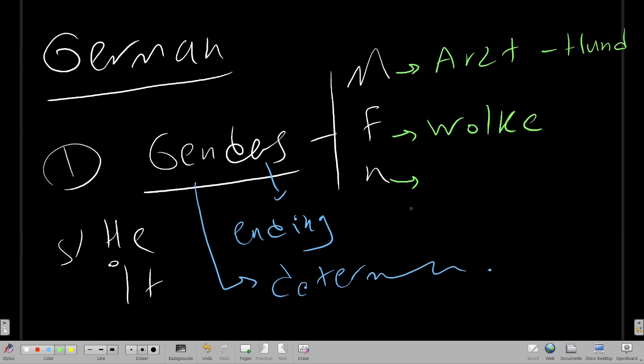Some stuff will take neuter anyway, and let's call it the baby kind of gender, because babies get this gender. For an example, I'm gonna give you guys the example Kind, which is baby in German.